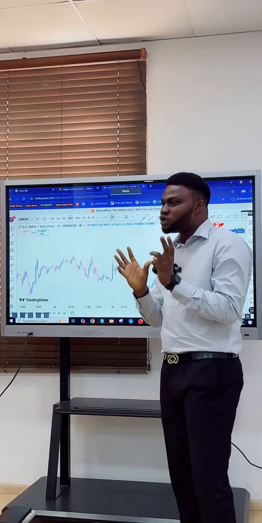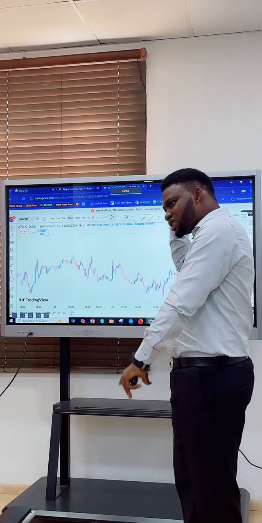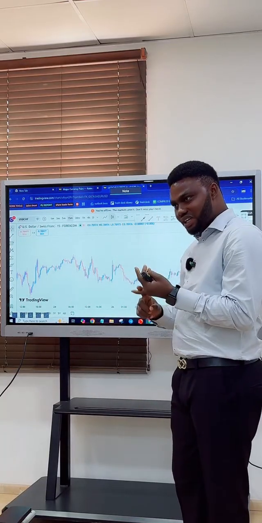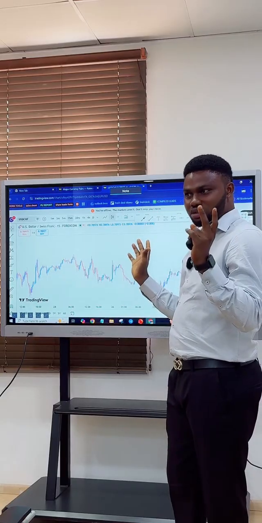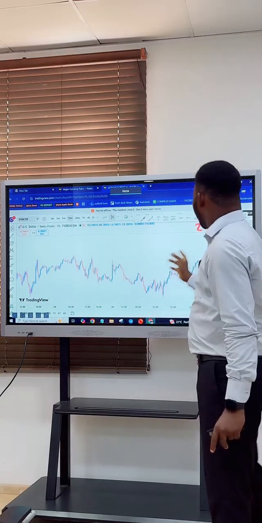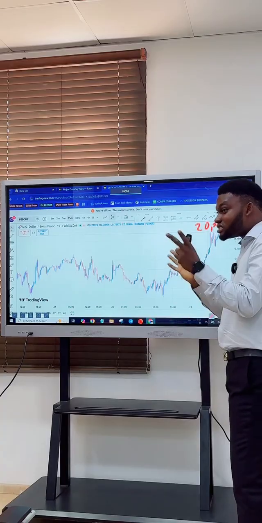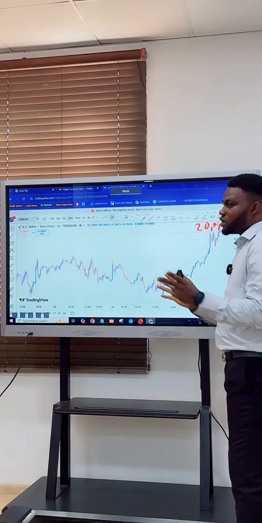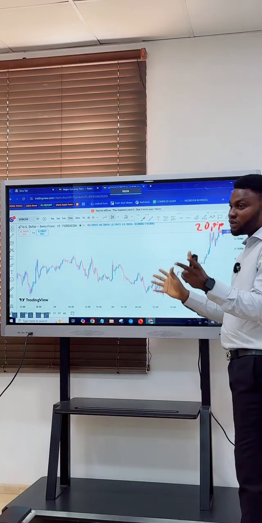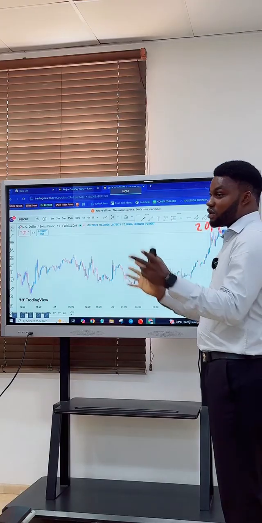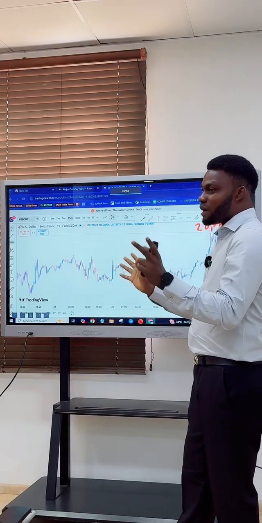Now, how that translates to money is in what we did earlier. It is the lot size that determines the money. So for those 20 pips, if I use a standard lot size, 1.0, which is equivalent to $10 per pip, I'm going to make about $200. If I use a mini lot size, I'm going to make $20.